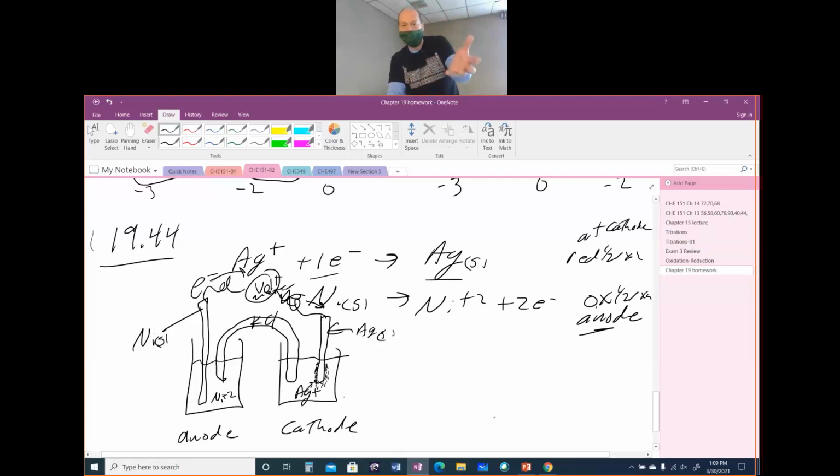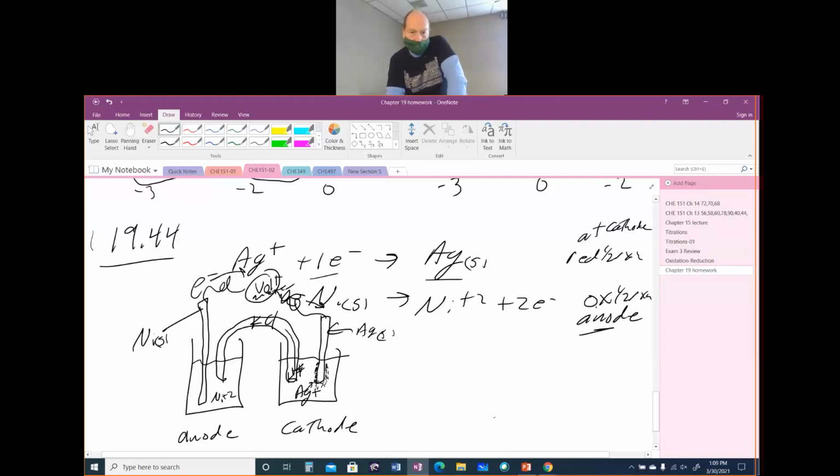The NO3 minus is still there. The Ag plus is going to Ag0. And so that means that going this way is always going to be your positive ion. And so your salt bridge is neutralizing your charge. Make sure there's not a buildup of charge. So the K plus is going to go this way.